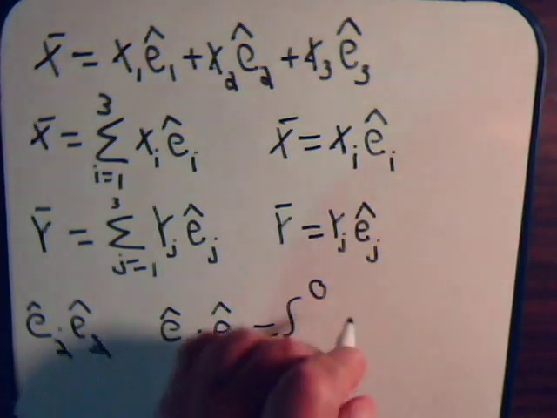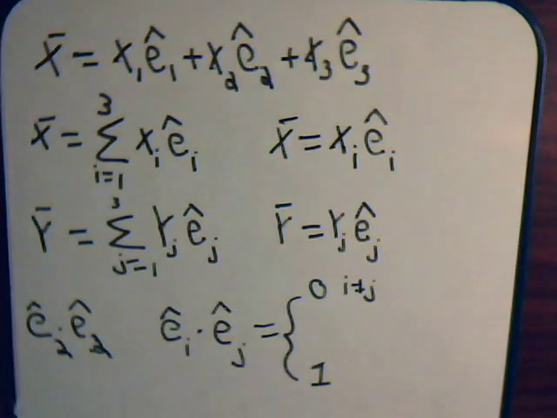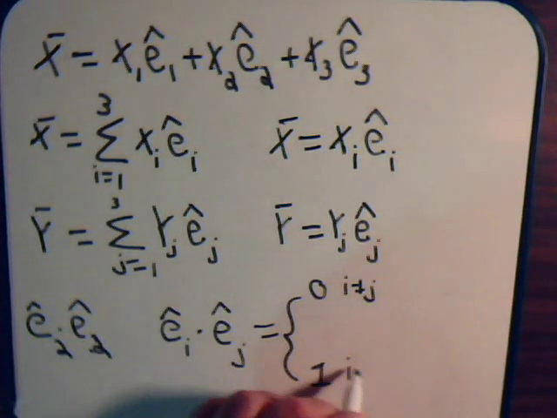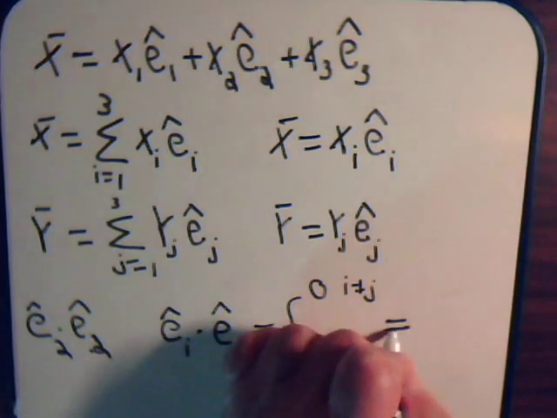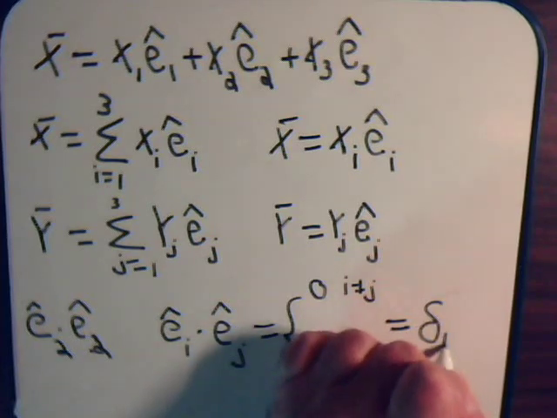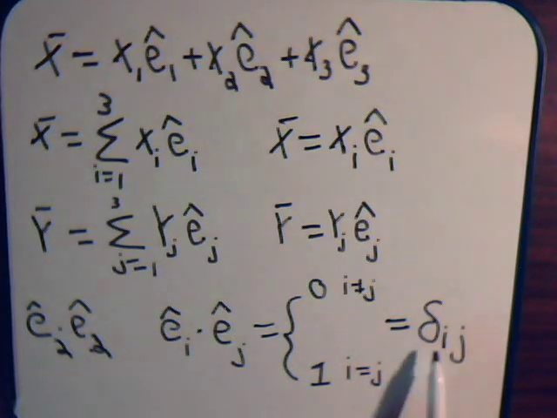So this equals 0 if i does not equal j, and it equals 1 when i equals j. Another way of expressing this is to say it equals the Kronecker delta symbol, delta_ij. This is simply an abbreviated way of telling us that this equals 1 when i and j are the same number. If they don't match, if we have different numbers here, then it's 0.